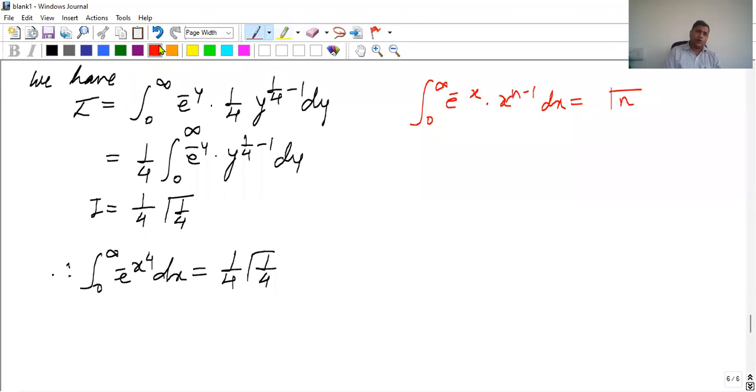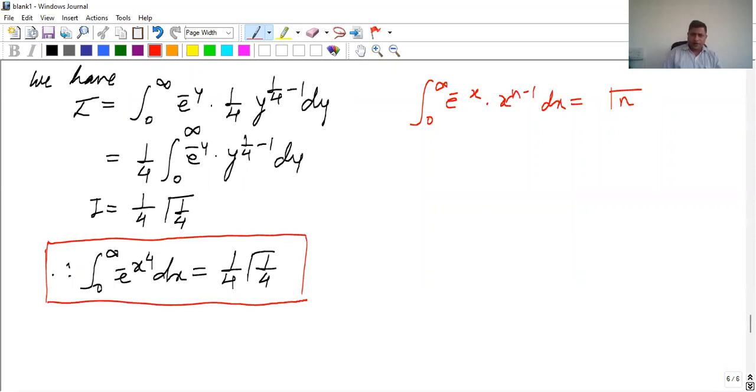So if we know the value, then only we have to use this. The gamma function is different from the square root. If we have the square root of 1 by 4, then we can write 1 by 4 as 1/2 into 1/2, and it will be root of 1/2 into root of 1/2.